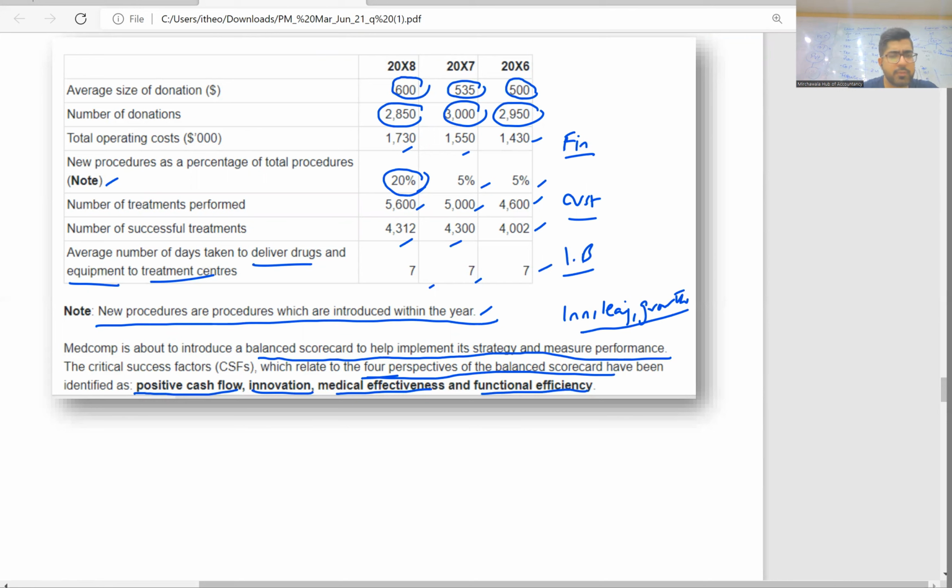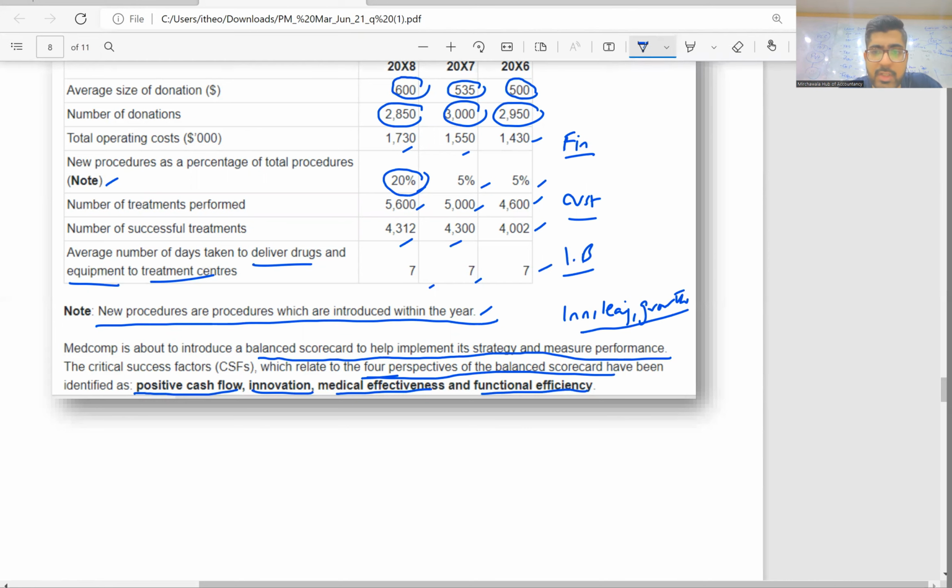So what do you think out of these 4? What would be the relevant critical success factor for financial? Obviously, among all these 4, for financial, it has to be positive cash flow. Okay. For innovation, learning, growth, it has to be innovation. Okay. For internal business perspective, it has to be functional efficiency.